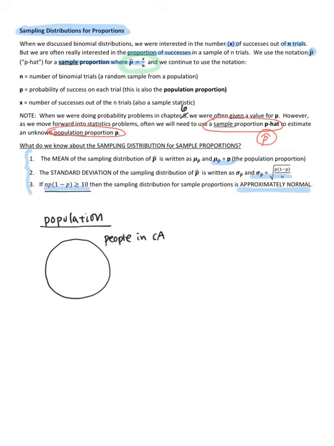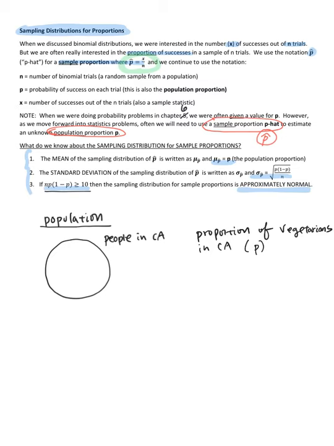And let's say what we're interested in now is the proportion of vegetarians in California. That's going to be the actual P, the population proportion of vegetarians in California.